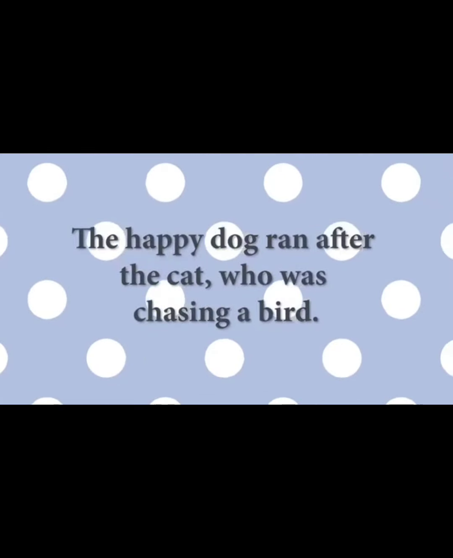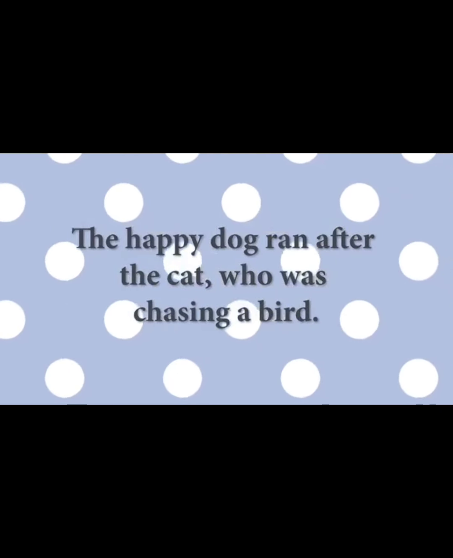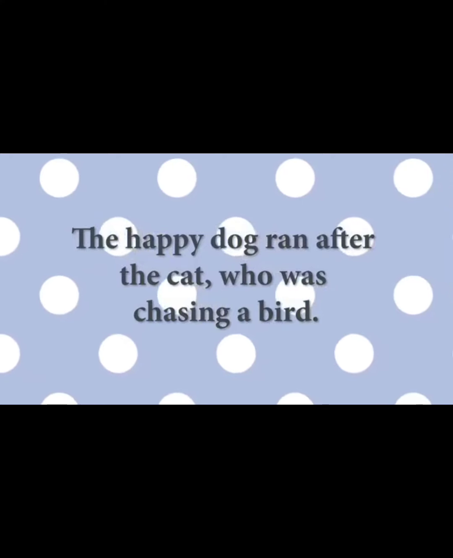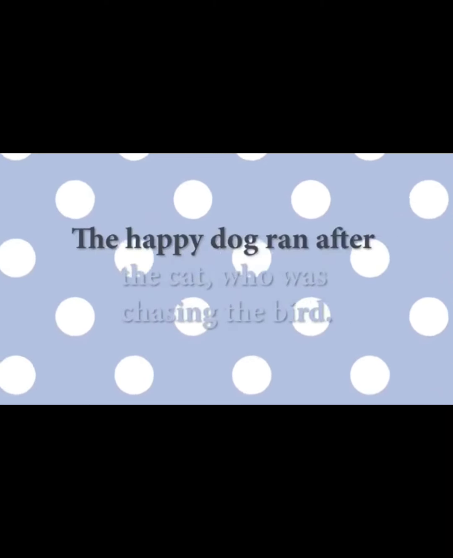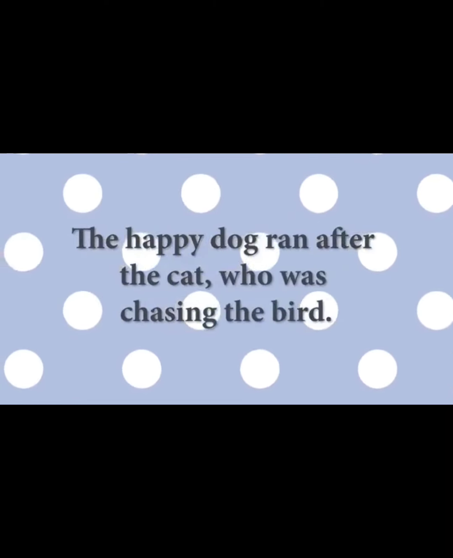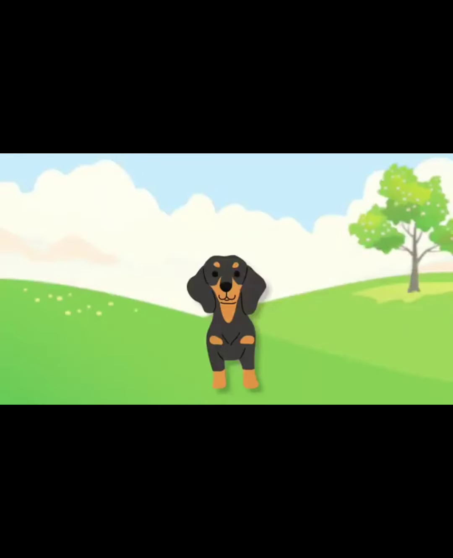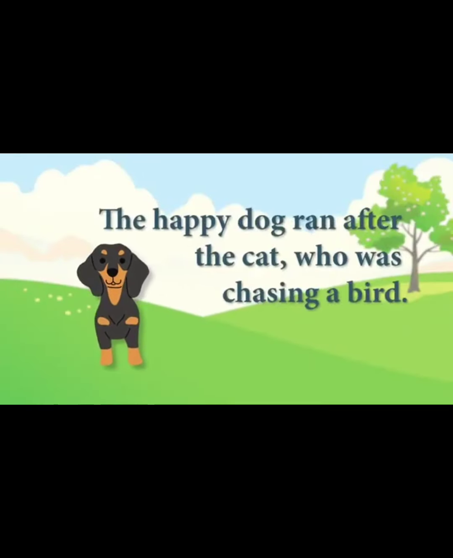Now, try to comprehend or understand what's happening in this sentence by answering a few questions about it. How does the dog feel? What is the dog doing? What is the cat doing? Now let's take a look at our sentence again and see if we can answer those questions. The happy dog ran after the cat, who was chasing the bird. So, how does the dog feel? Let's look back at our sentence. Does it just say the word dog? Or does it use a word to describe the dog in the sentence?